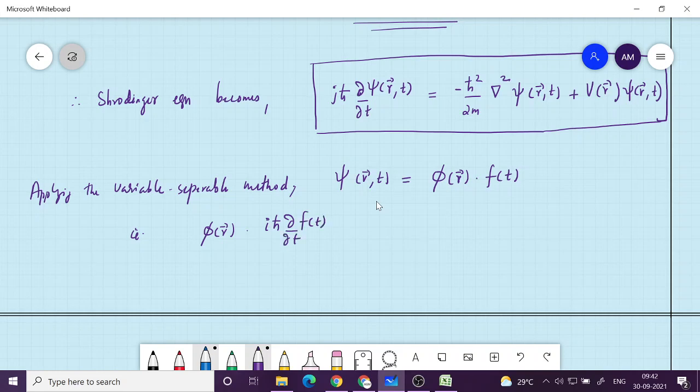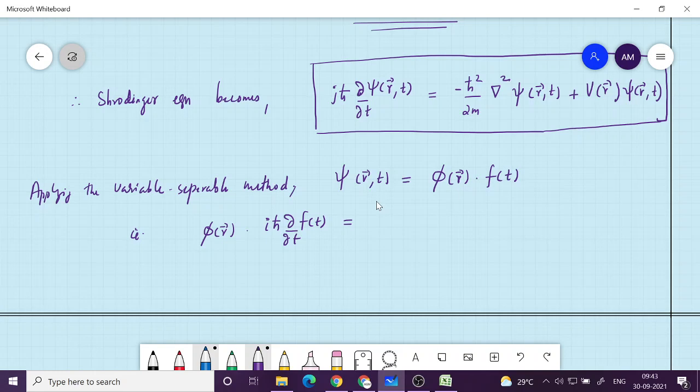is equal to, and if you look at the terms on the right, the second derivative, that is del square, is basically dou by dou x square plus dou by dou y square plus dou by dou z square, and if you operate that on f of t, it is a constant for that.